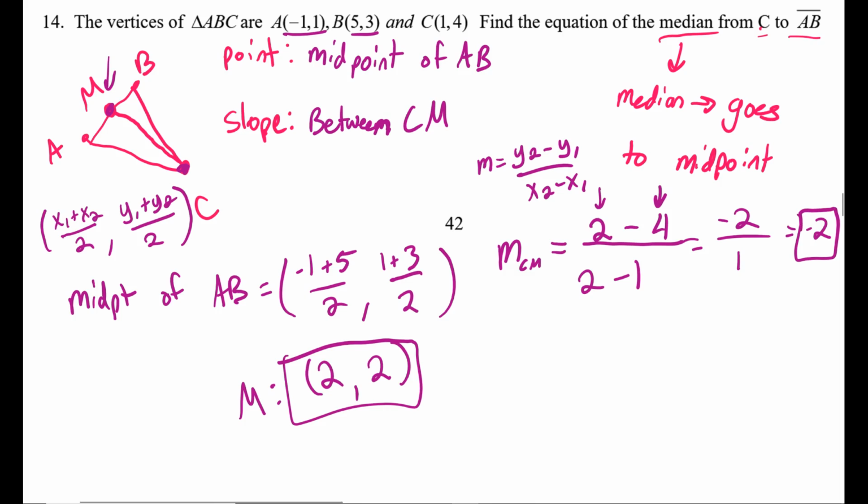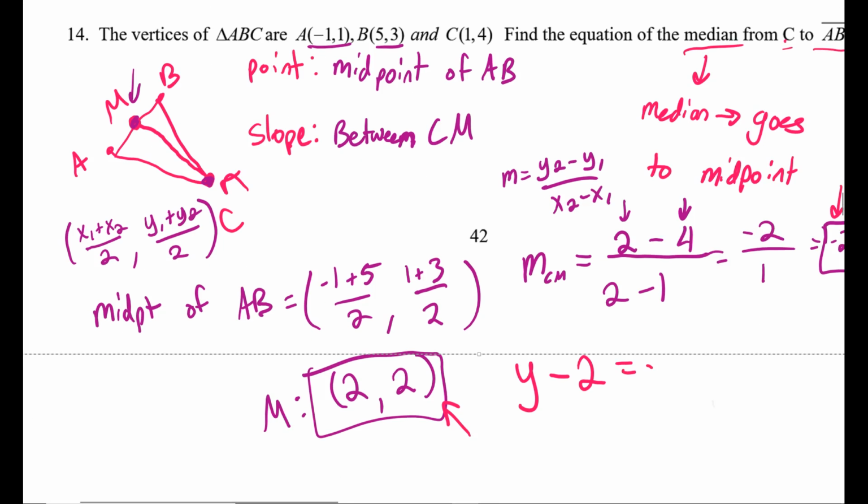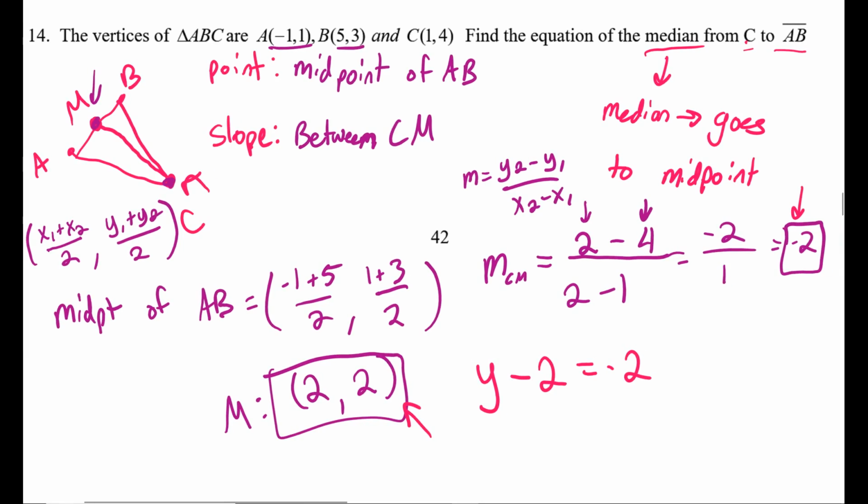So again, I'm going to plug into point slope form now that I have a point on the line, even though you could also use point C because point C is also going to be on the line. And I have the slope between the midpoint and the vertex. So y minus y1, I'm going to use the midpoint here, 2, equals my slope, negative 2, times x minus my x coordinate, which is 2.